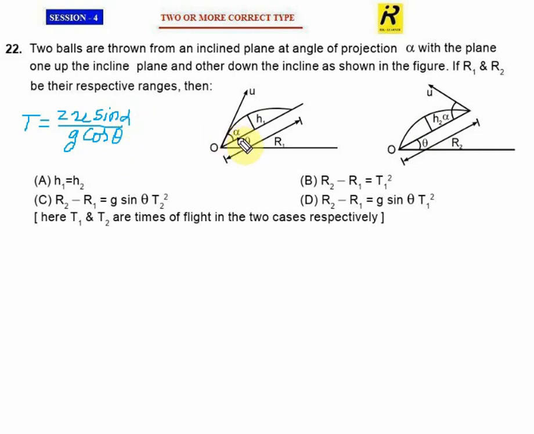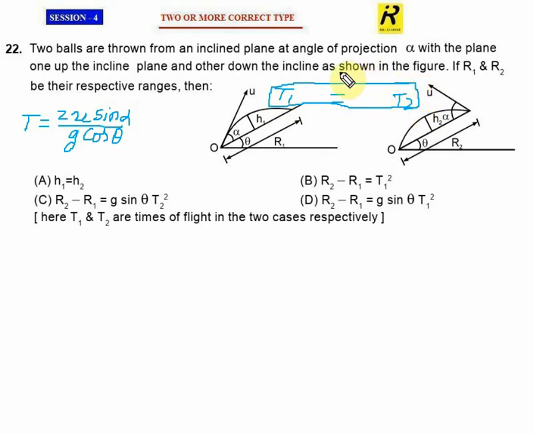Alpha is the angle of projection with respect to the plane and theta is the inclination of the plane with respect to the horizontal. So this holds for both pictures. If I say time t1 for the projection upward and t2 for the left picture, which is projection downward, these two times are equal. T1 equals T2 always in the given situation.